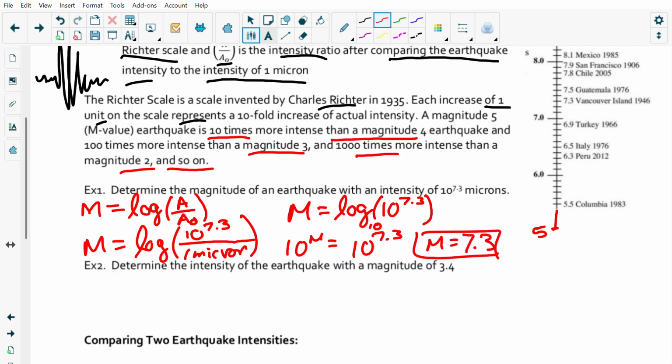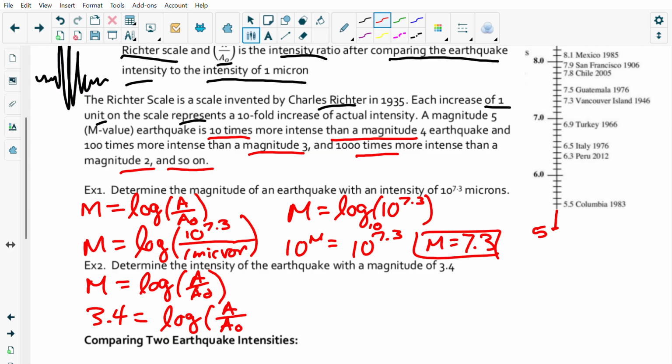Number 2, determine the intensity of the earthquake with a magnitude of 3.4. Same equation. What do we need? What do we have? 3.4 magnitude, and we want to know the intensity.